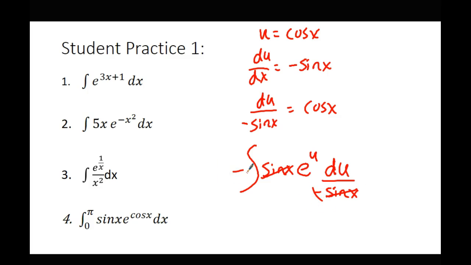Okay? But we're not quite done yet because we also need to find our limits, right? So we need to come back up here to this, and we need to plug in two things. We're going to plug in pi. What's that going to be? Negative 1. And then we're also going to plug in 0.